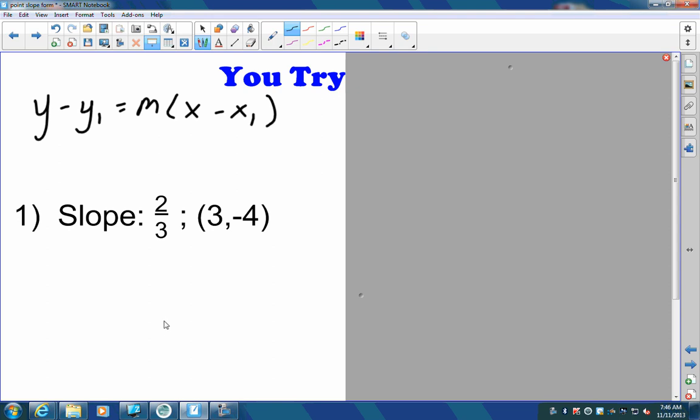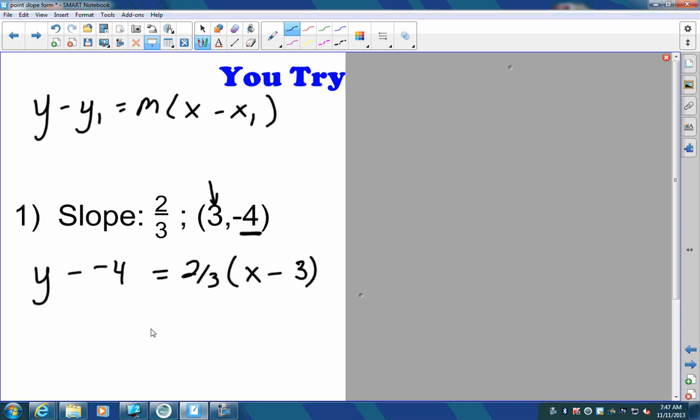So as you begin, we have y minus y1. y1 right here is negative 4. So I have negative 4 equals m, which is 2/3 times x minus x1. x1 right here is 3.